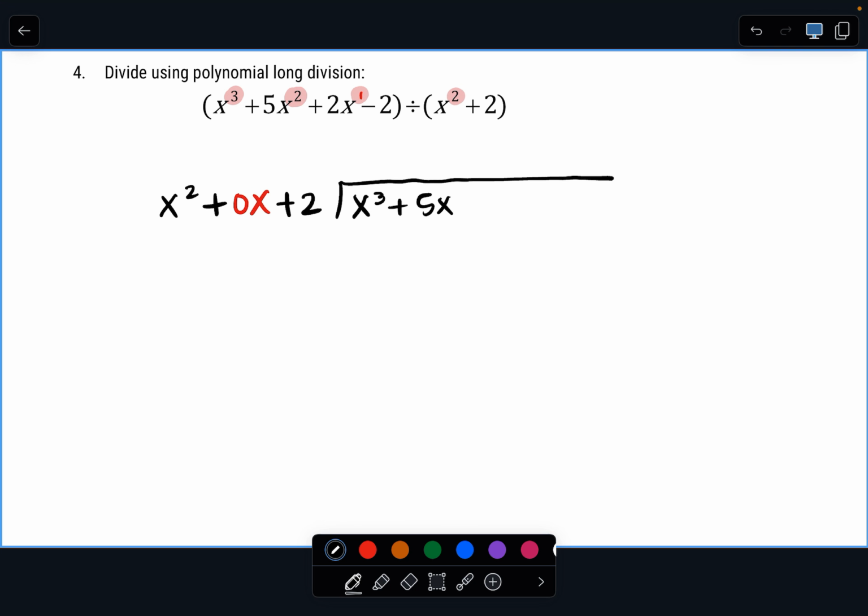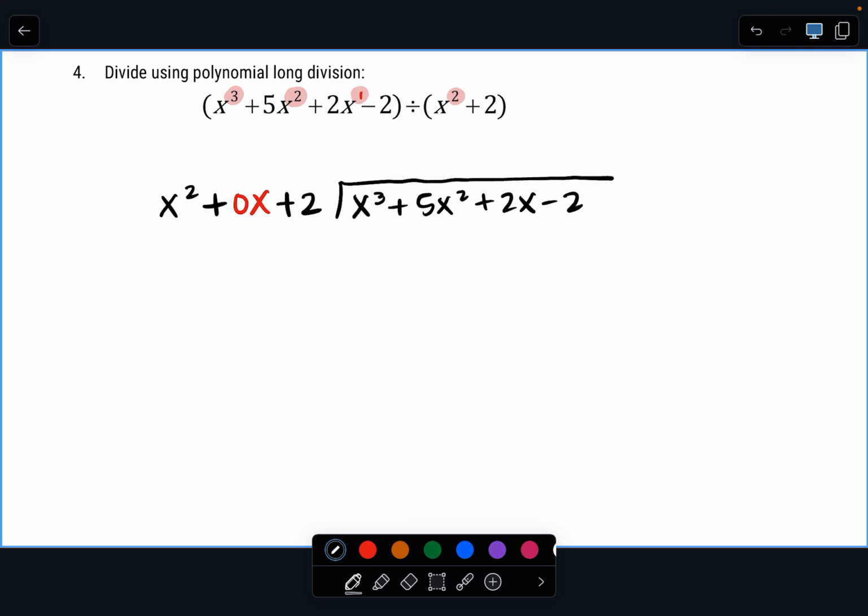And for these, if you know that you can line them up well and you're not going to worry about missing terms, you don't necessarily need the 0 term, but you have to remember when you start doing this multiplication that the squareds need to line up, the cubes need to line up, the x's need to line up, and the constants need to line up. Otherwise, things get a little weird.